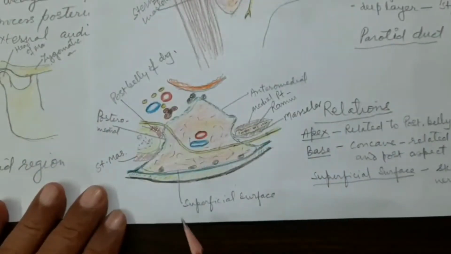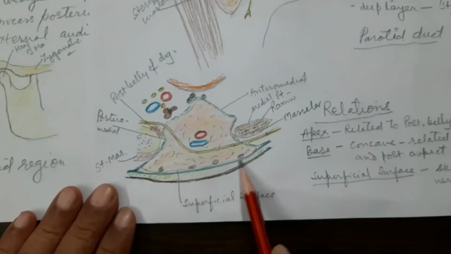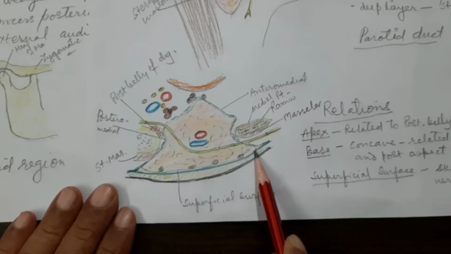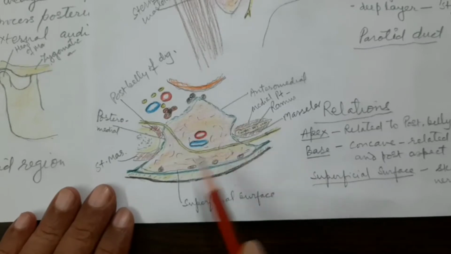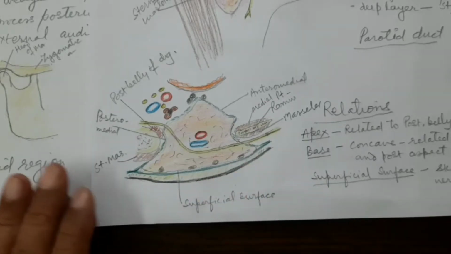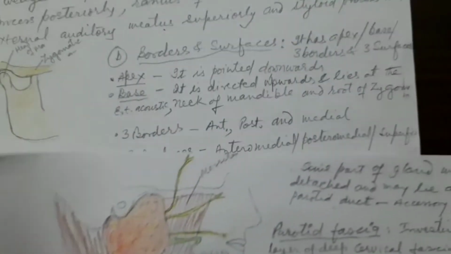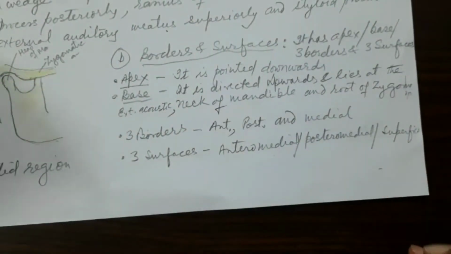In the cross section you can see this superficial or lateral surface, between the anterior border and posterior border. So these are the surfaces.